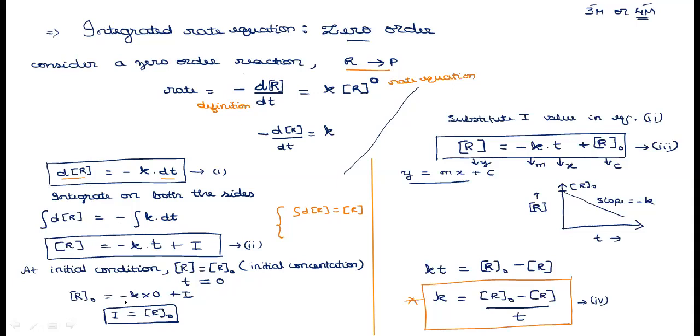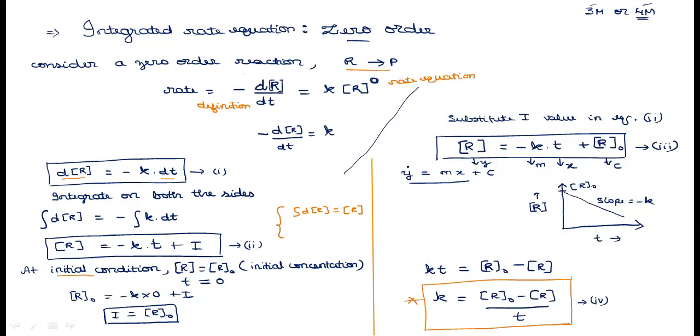Then, to find the value of the integration constant I, we assume the initial condition where R is R naught and time is 0. By taking that, we get the integration constant I value as R naught. Substituting that I in the equation, we get R is equal to minus kt plus R naught.